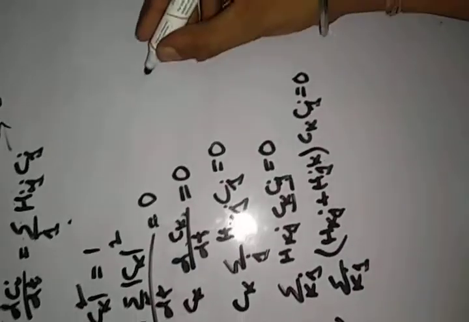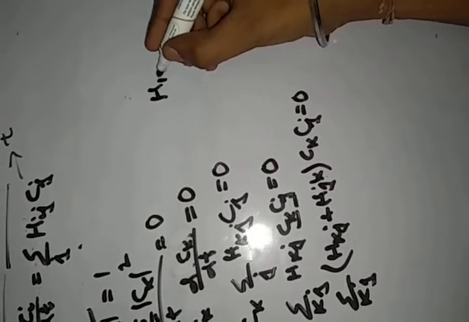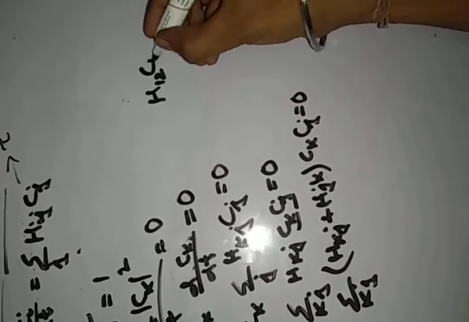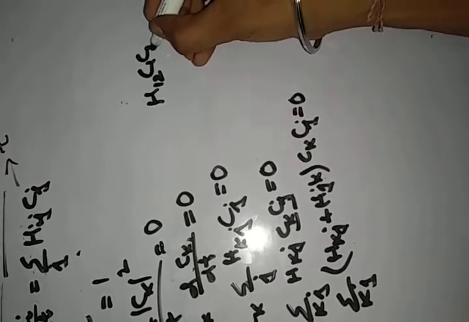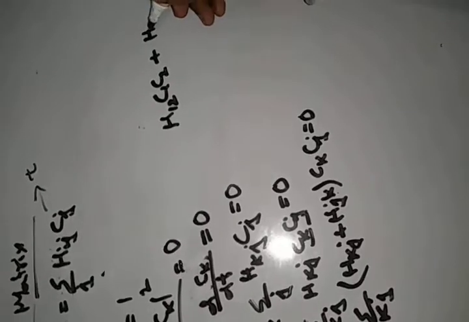We'll give a glimpse of the idea here. See, h_kj, if we let k be 1 and j be 2, then c1 and c2 plus h, k was 1 and j was 2.